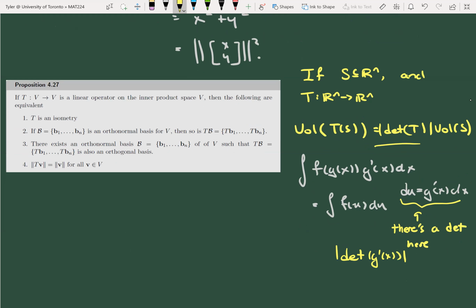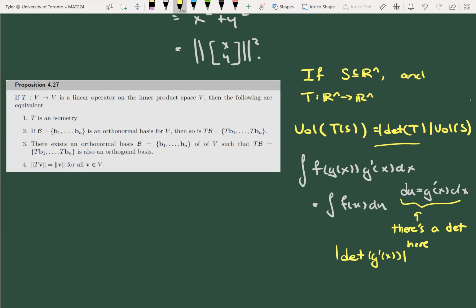But more importantly now, if you've ever wondered what g prime of x dx actually means, what it's telling you is how much you've scaled the x-axis. When you perform this integral, g prime of x is telling you at each point in your interval the infinitesimal scaling change that's happening.